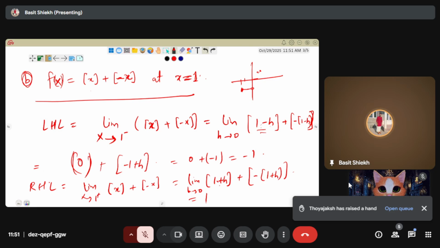So the greatest integer of 1 point something, 1 plus epsilon, where h is very close to 0, will give us 1, and this is minus 1 minus h, which will give us minus 2.